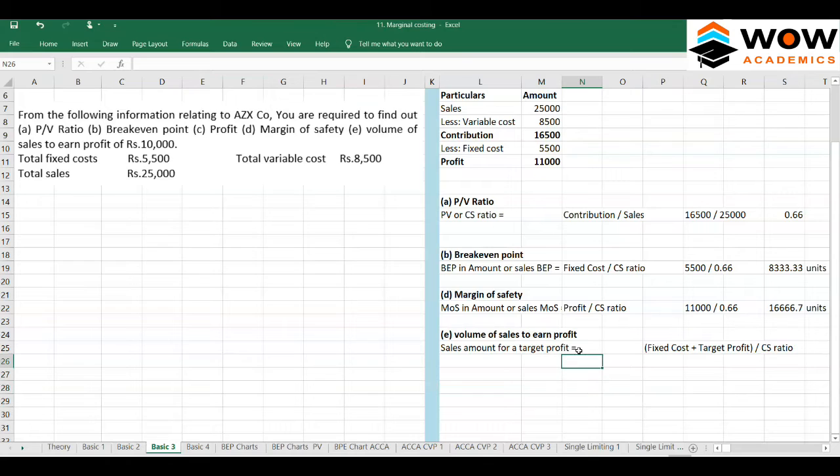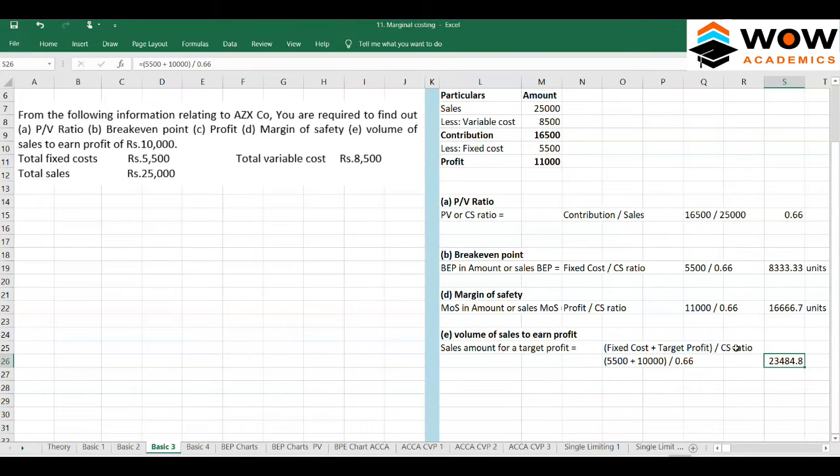The formula is fixed cost, which is 5,500, plus targeted profit, 10,000, divided by CS ratio, which is 0.66. So let's work it out.